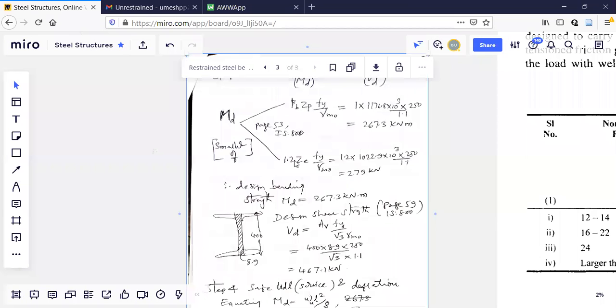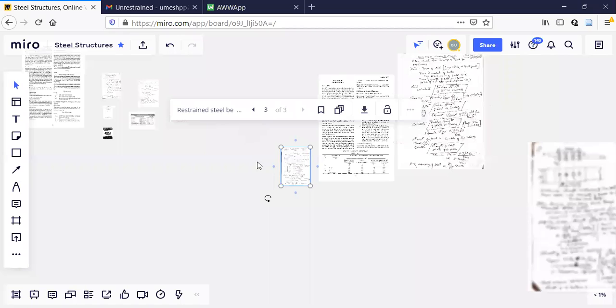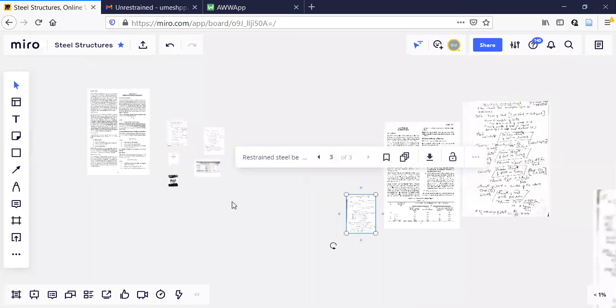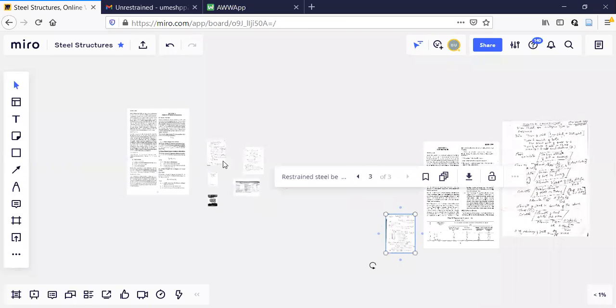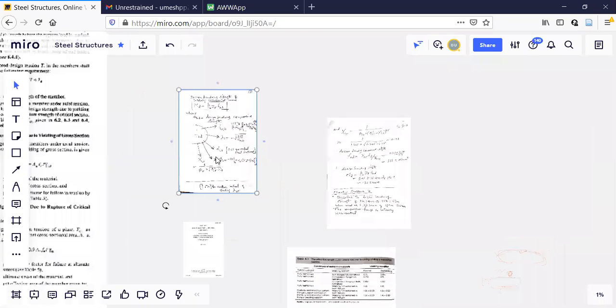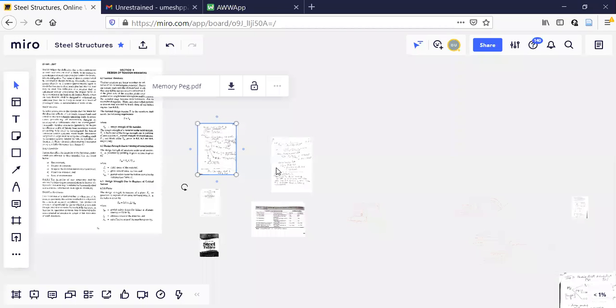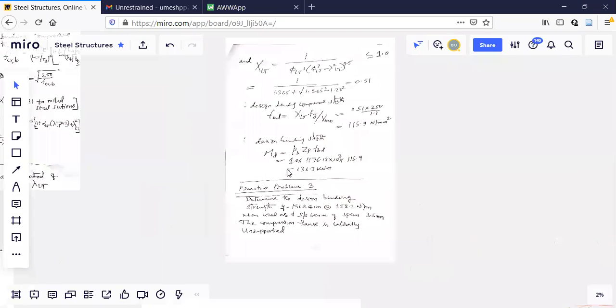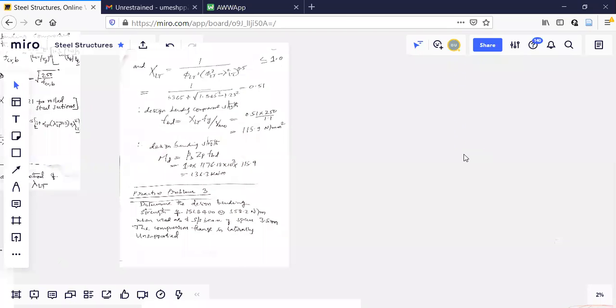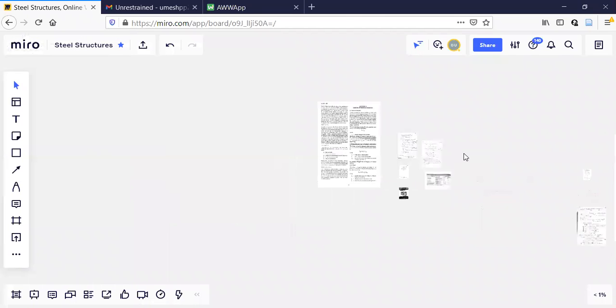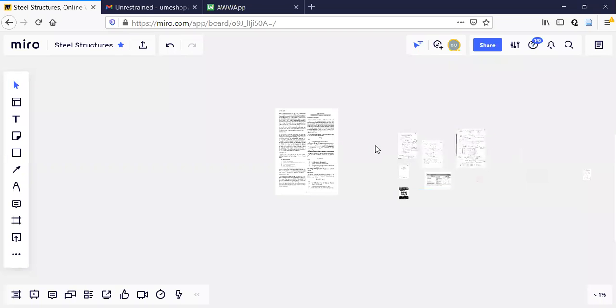Whereas the laterally unrestrained beam is carrying nearly half of this, I think. Nearly, how much is this value? Just see this one here, because I'll solve one more example, otherwise I'll stop it.